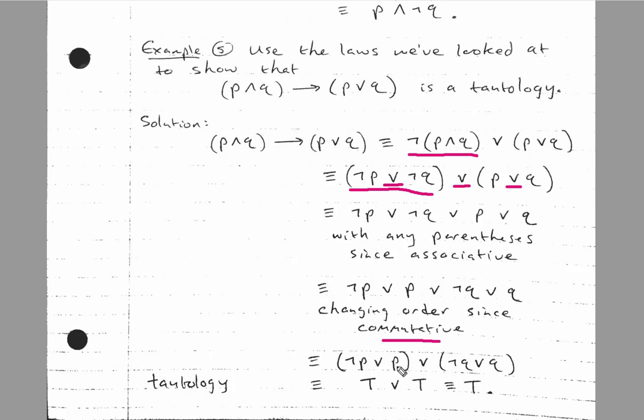Okay, now we can choose to do or these first. Not P or P, that's always true. And not Q or Q, that's also always true. And true or true is equivalent to true.